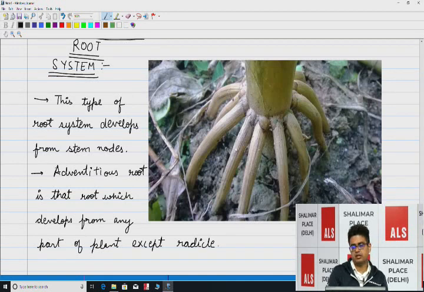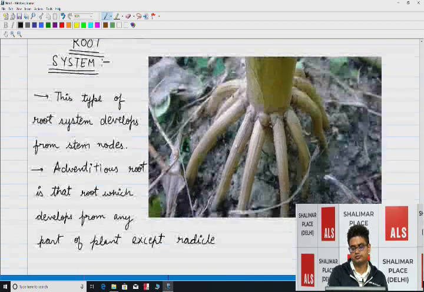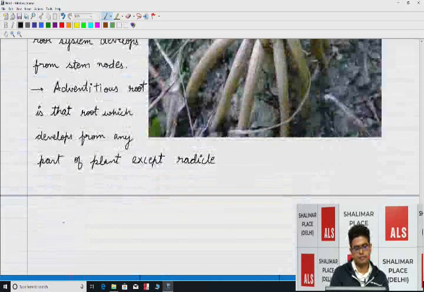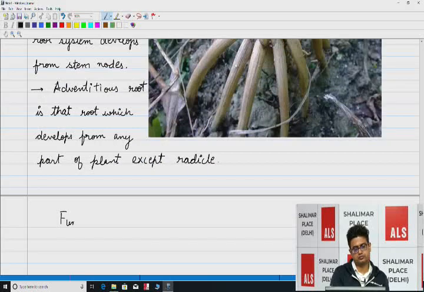Now, what is the main function of root? Functions of root.